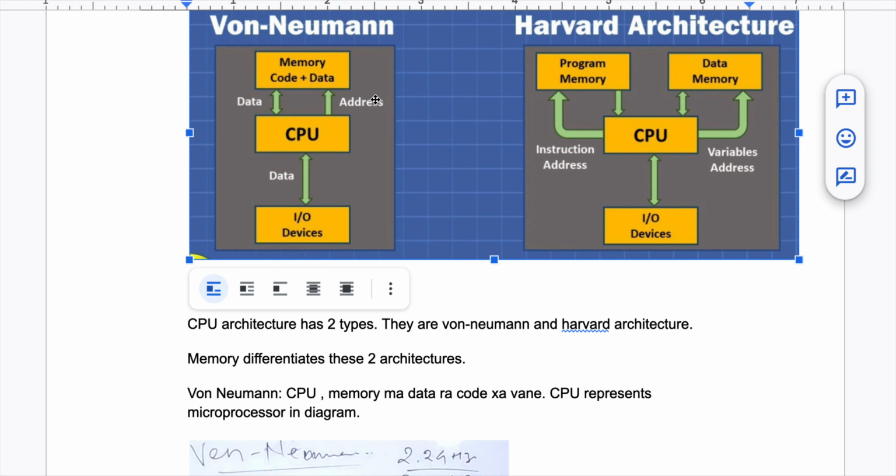So the address is actually for getting the instruction bundle at a time. We could have thousands of instructions to process, so we should have a mechanism for getting the code in chunks. That kind of flow is maintained by the address bus and CPU. Altogether they are working in a combined form.